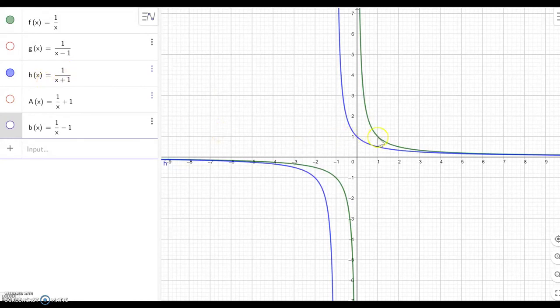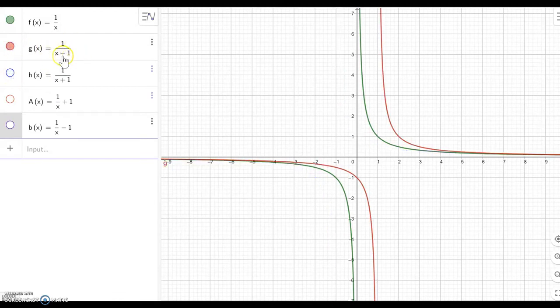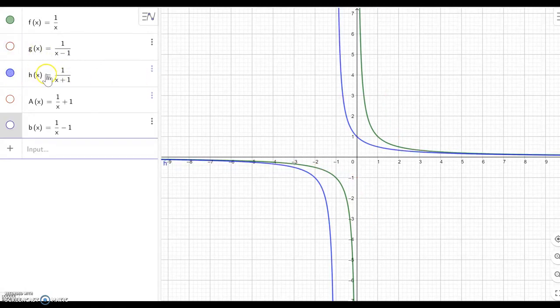As you see, all this graph moves left by 1, right? So our vertical asymptote also moves left 1 unit, so it becomes x equal to negative 1 here. Which means if this is a minus, then the graph moves to the right, and plus 1 moves it to the left.